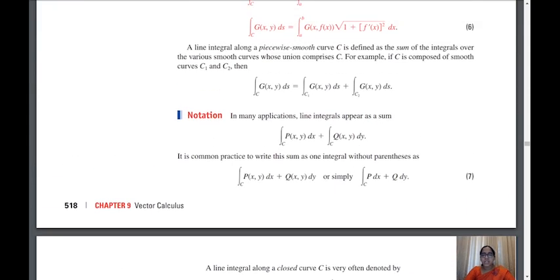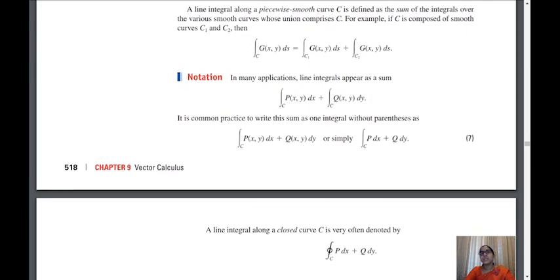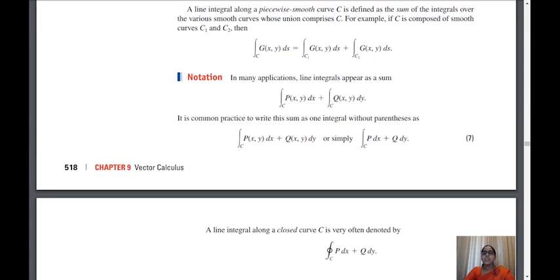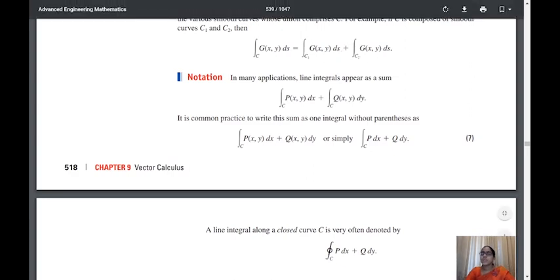If we are given any curve, we know how we are finding the integral. In the beginning we had told that the curve is divided into many sub arcs. So if C is composed of two other smooth curves C1 and C2, then integral over C g of xy ds, it can be anything, ds or dx dy whatever, can be written as integral over C1 g of xy ds plus integral over C2 g of xy ds.